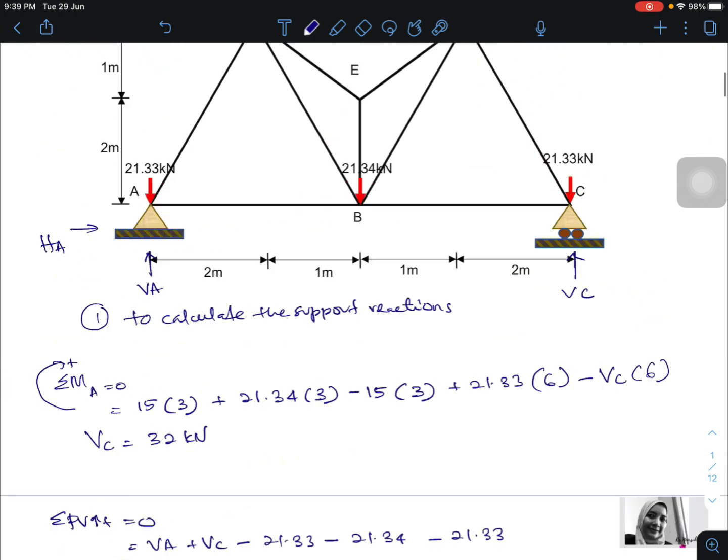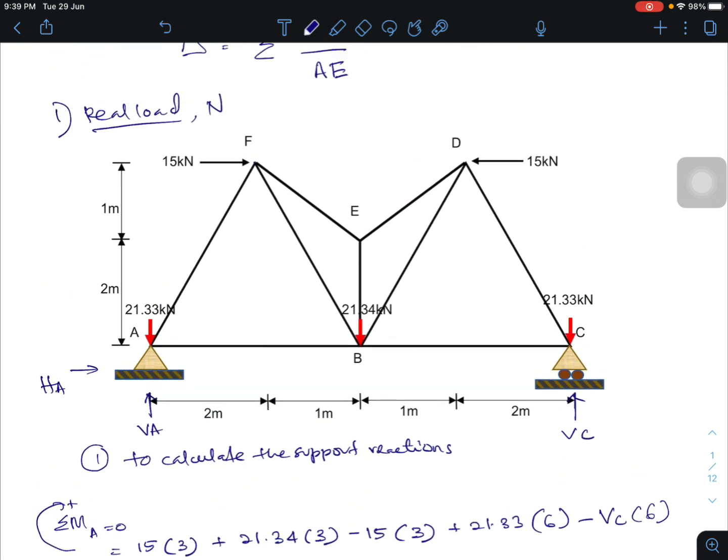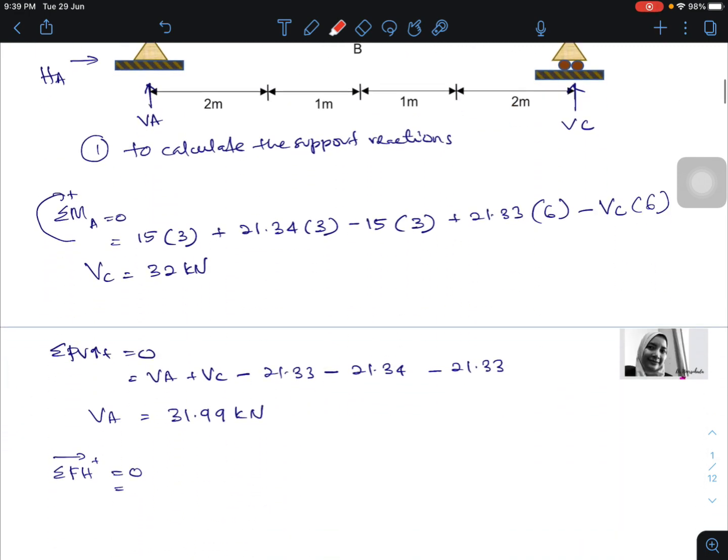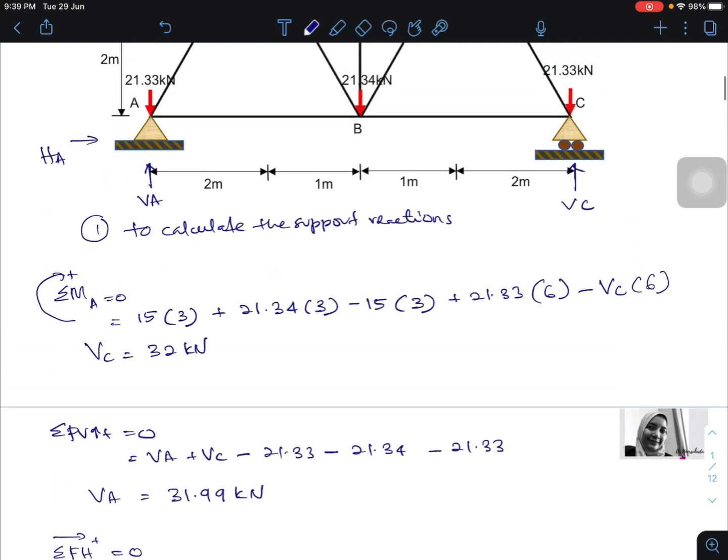And finally, we want to identify the horizontal reaction at A. In this case, we have only three components related to the X direction: 15 kilonewton at F, 15 kilonewton at D, and HA. Rightward direction is considered positive.